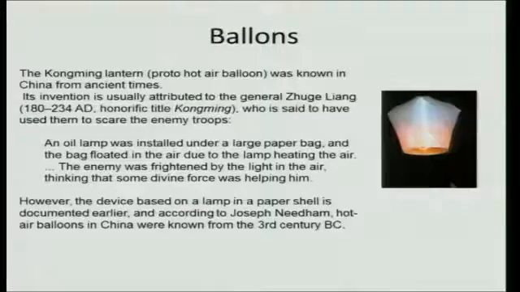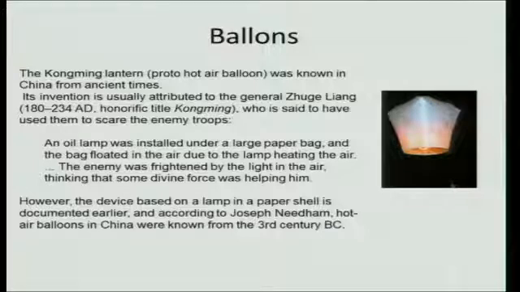Then the next thing was balloons. These balloons essentially were first invented as decorative items. They were called Kongming lanterns, again invented by the Chinese and known in China from ancient times.